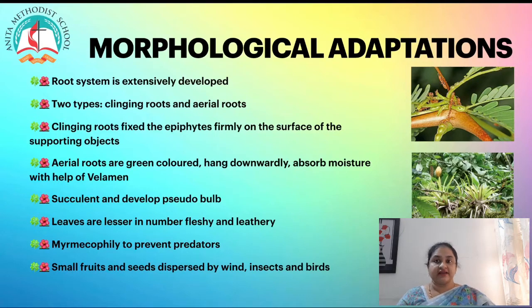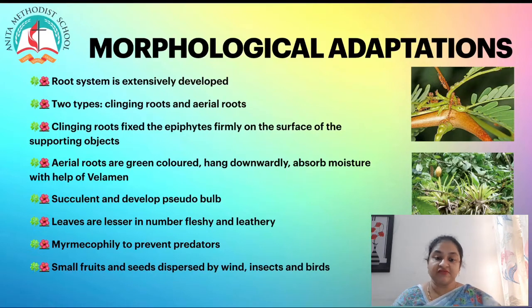They also develop succulent parts and pseudo bulbs. The leaves in the epiphytes are lesser in number. They are fleshy and leathery. Myrmecophily is to prevent the predators.